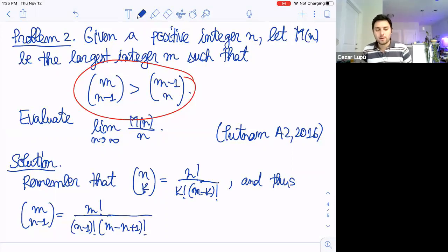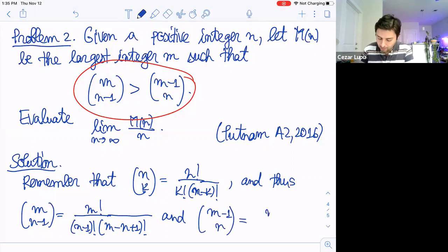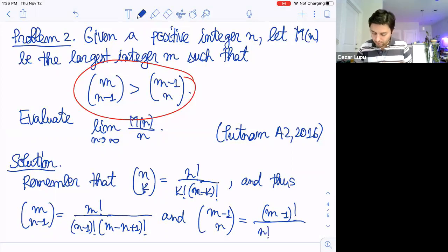So that's it. And now this guy, m minus 1 choose n, will be m minus 1 factorial over n factorial times m minus 1 minus n factorial. And now you write this inequality.